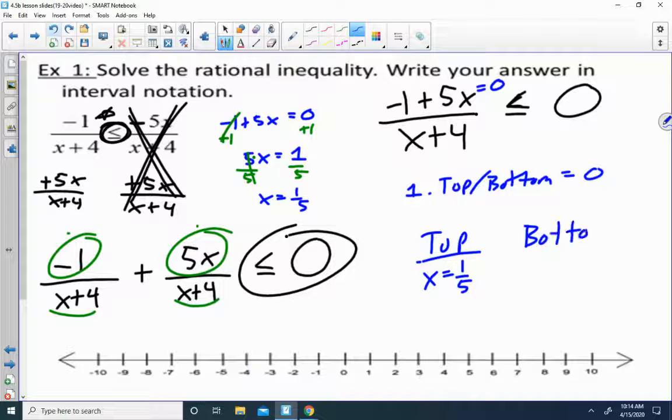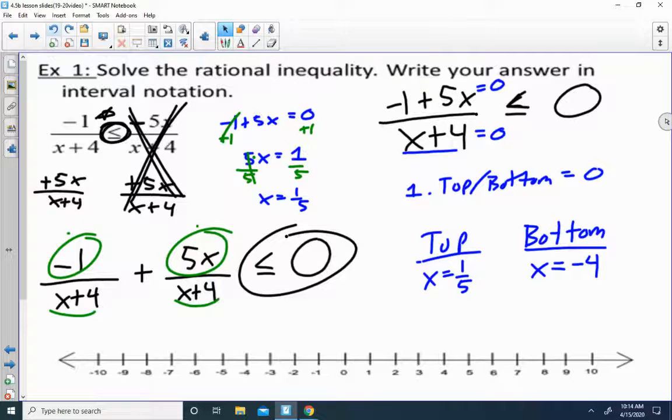But now let's set the bottom equal to 0. Take the bottom, set it equal to 0, and you're going to get x equals negative 4. But just like before, we can't have the bottom equal 0, so you're going to put not equals. And since it's not equals, that means, as always, open brackets for the bottom.